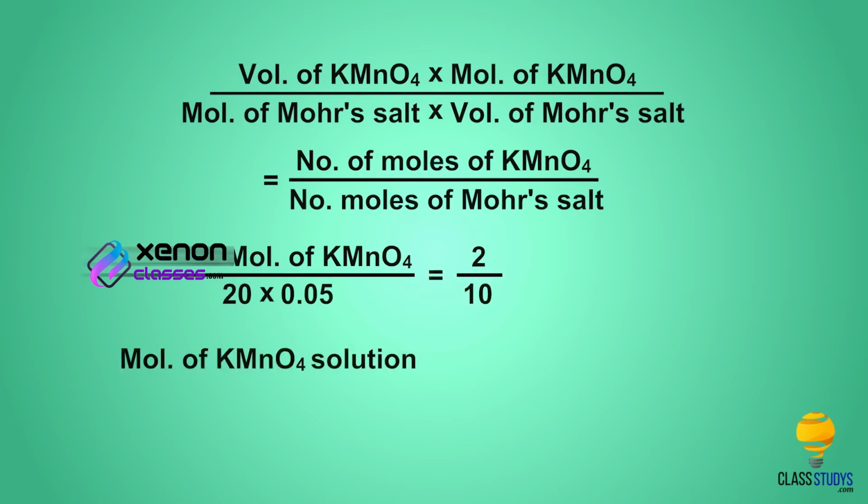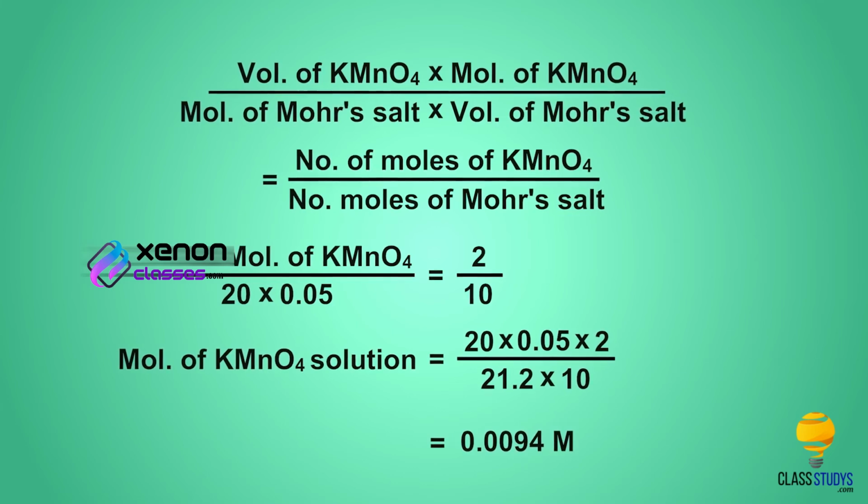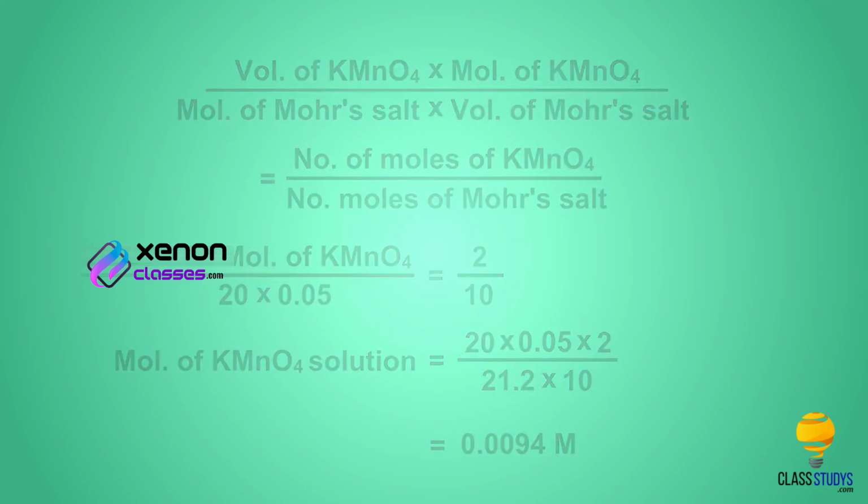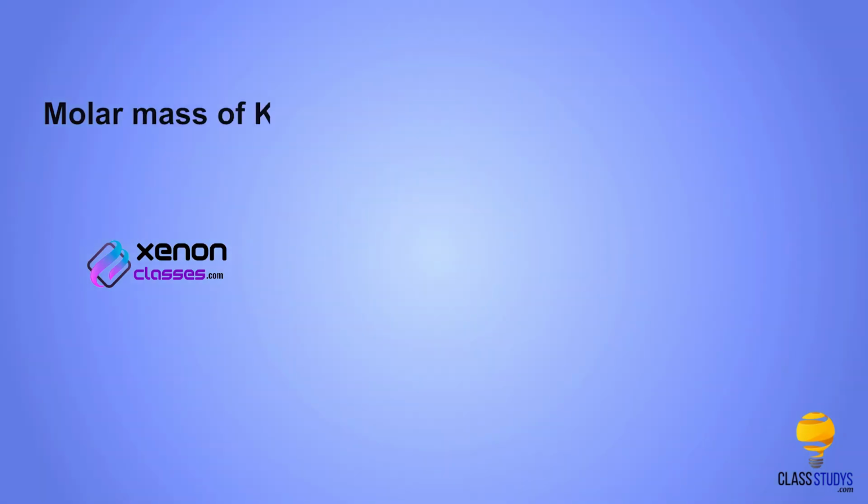Therefore, molarity of the given potassium permanganate solution is equal to 20 into 0.05 into 2 divided by 21.2 into 10, which gives us 0.0094 molar. Molar mass of potassium permanganate is equal to 158 grams per mole.